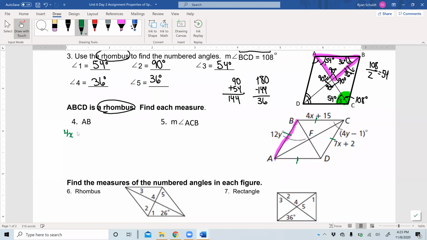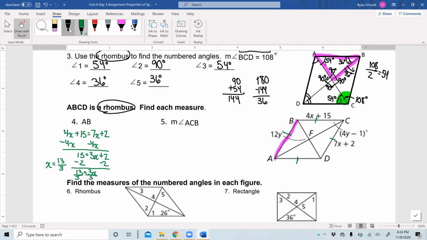So 4X plus 15 equals 7X plus 2. Subtract 4X. 15 equals 3X plus 2. Subtract 2. We're going to get 13 equals 3X. Divide by 3. And we get that X equals 13 over 3.